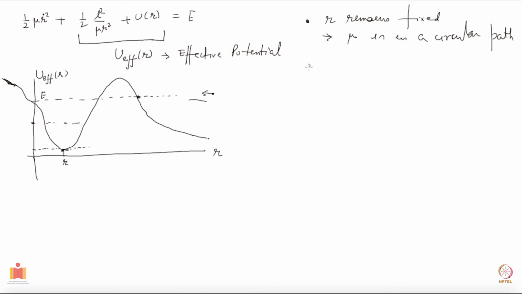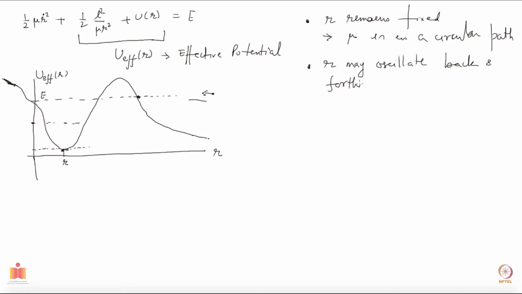Or r may oscillate back and forth. But this does not mean that the particle is moving in a line.